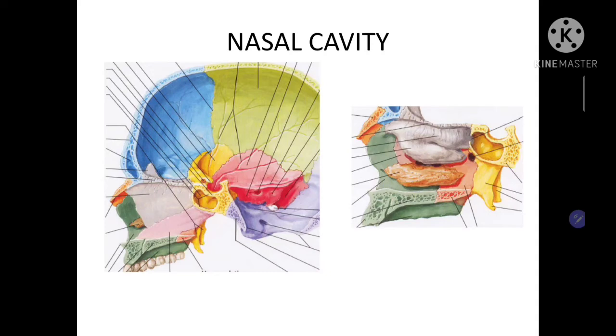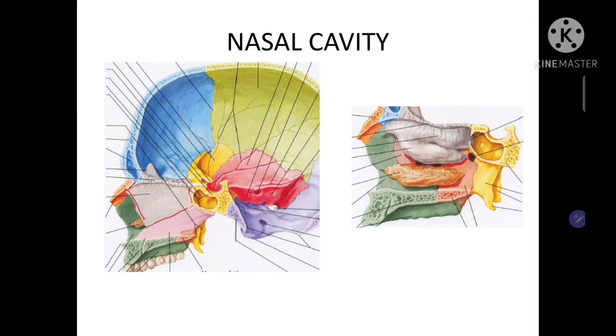The middle wall or septum, we're going to call it the nasal septum. We're going to have different structures. Remember we talked about the perpendicular plate of the ethmoid bone. We're going to have these borders: anterosuperior, anteroinferior, posteroinferior, and posterosuperior border.